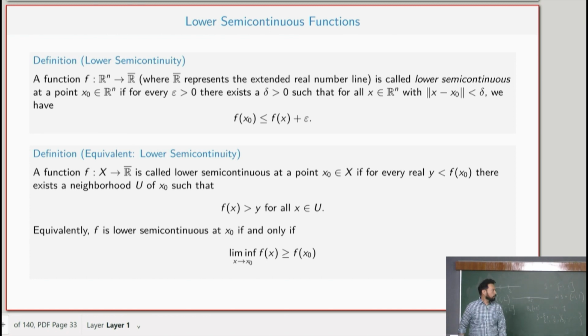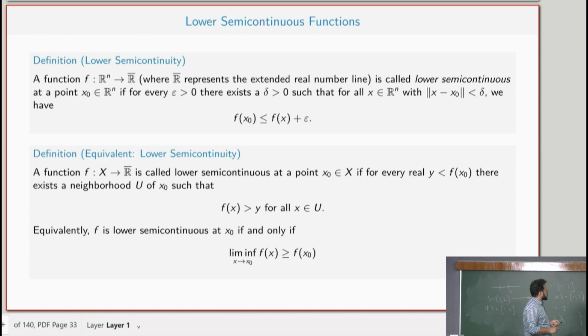So you have to pick, for every real y less than f(x naught), a ball around x naught for which f(x) is greater than y.